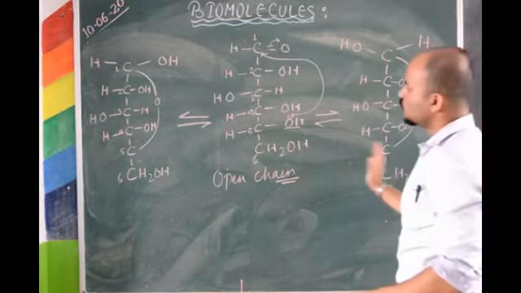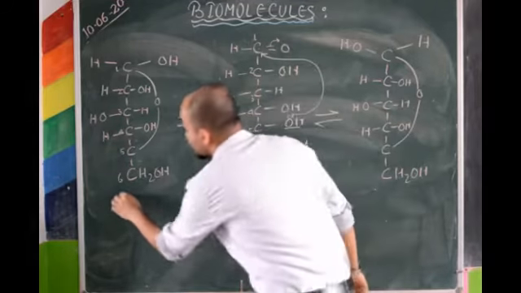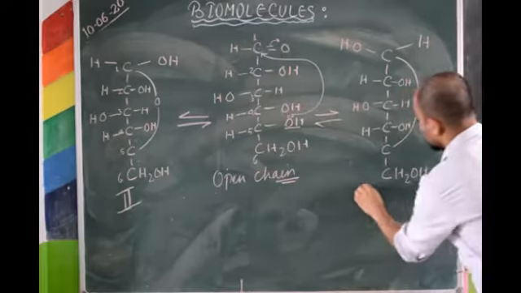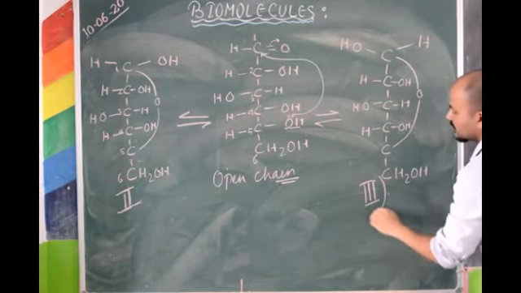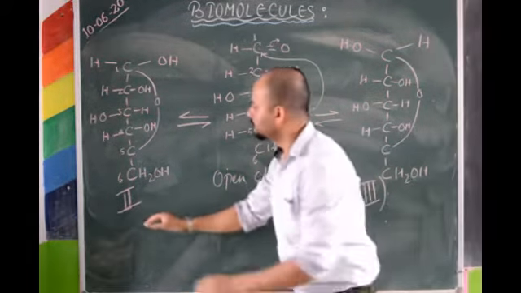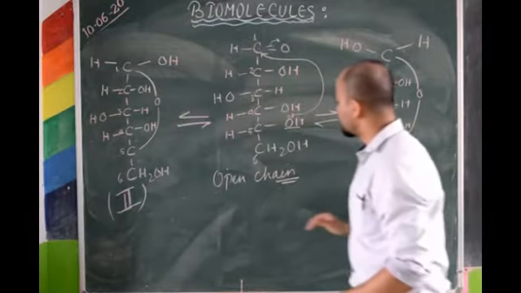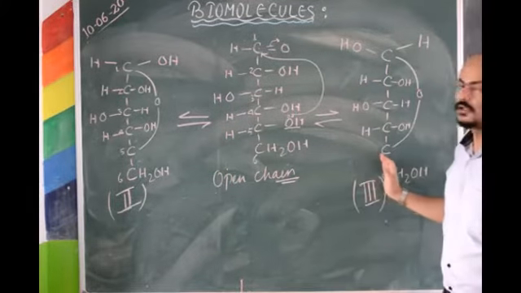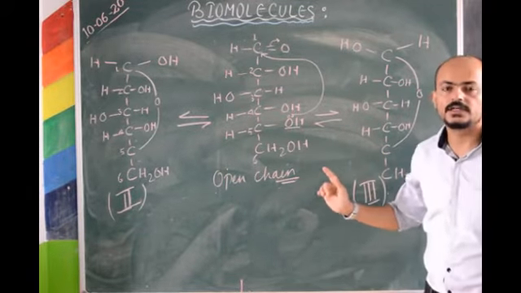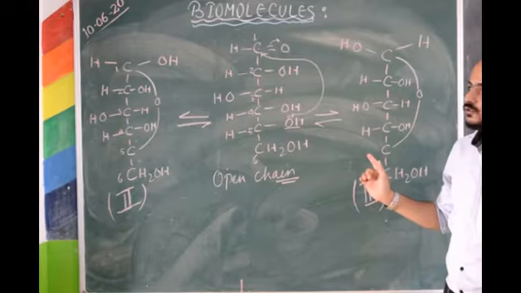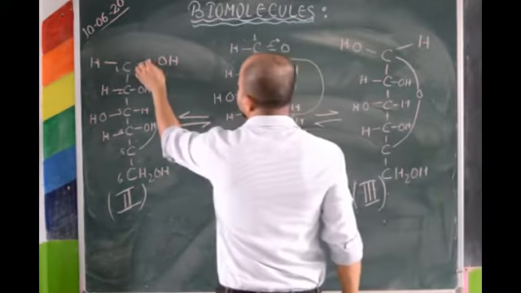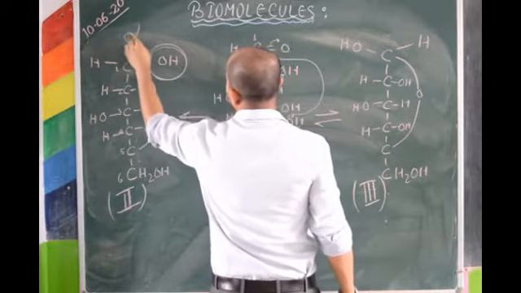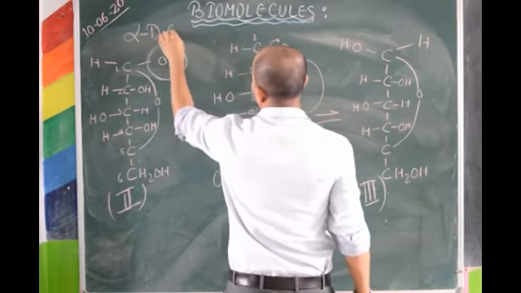These are the cyclic structures of glucose. One is alpha D glucose, the other one is beta D glucose. Whenever you have OH this side, that is known as alpha D glucose.